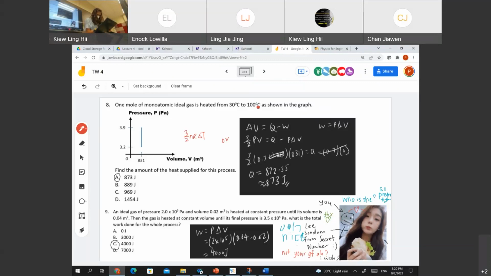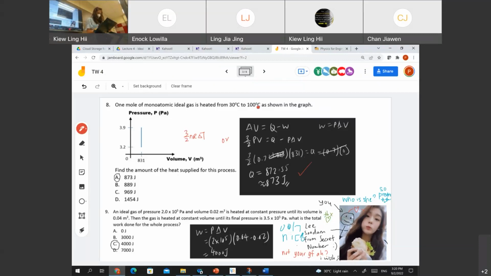Since P is constant at 0.31, the change in V is 0.7, which equals Q. No work is done because this is an isochoric process, so it is around 873.